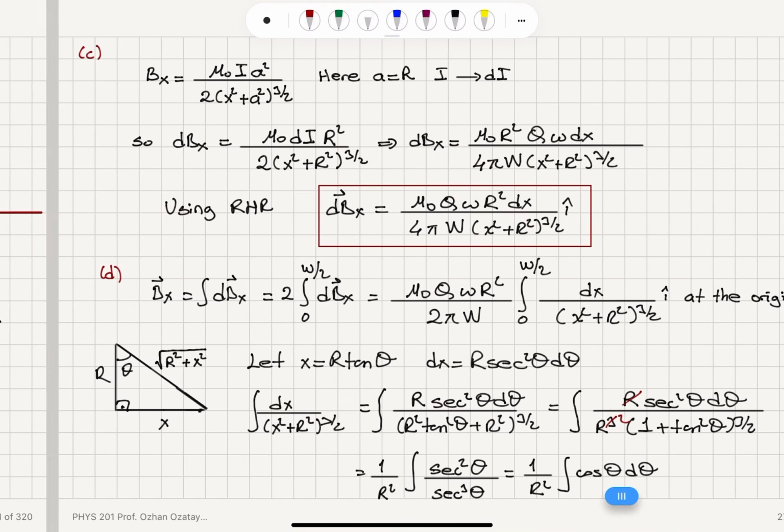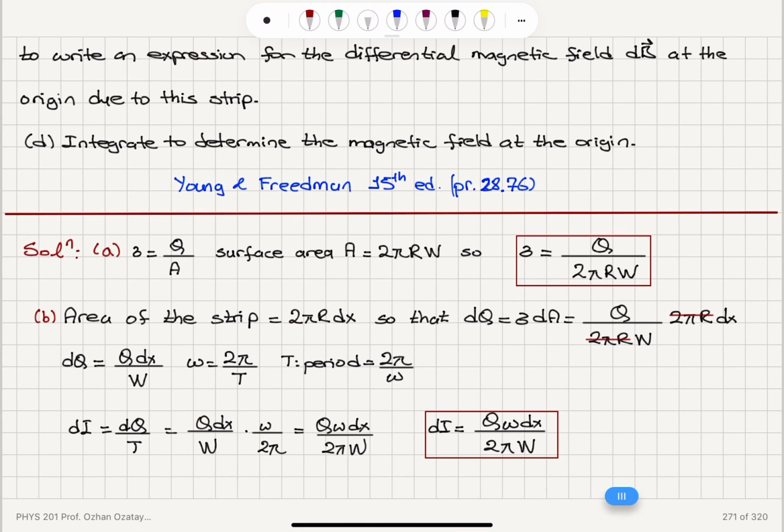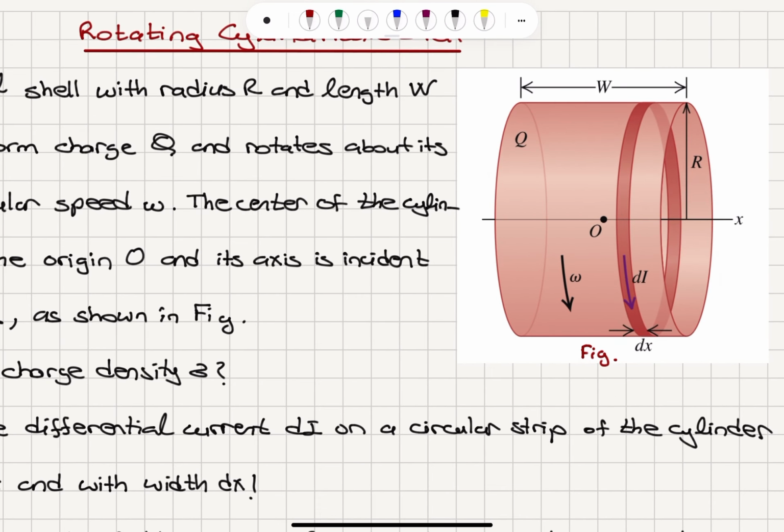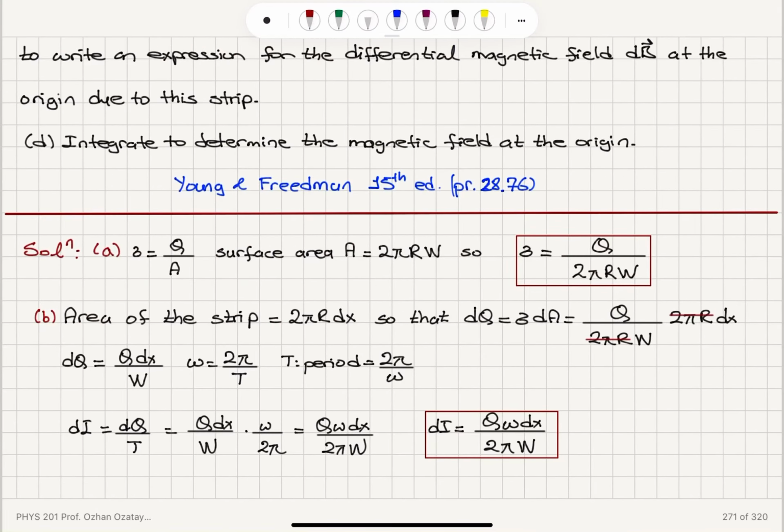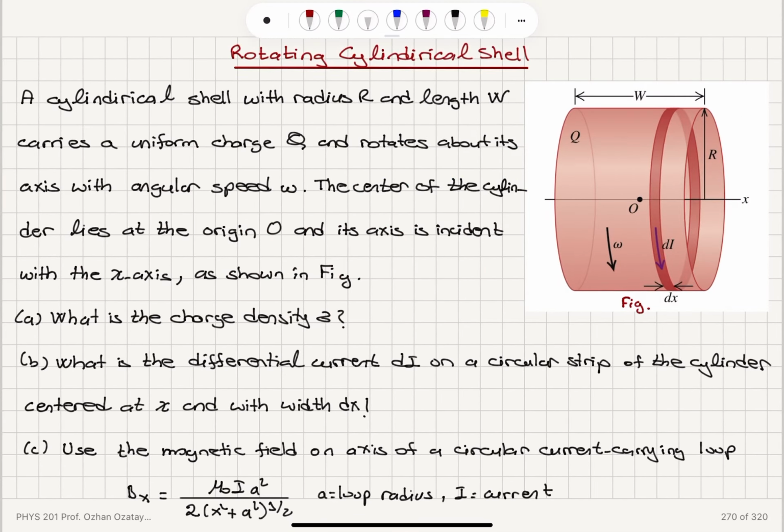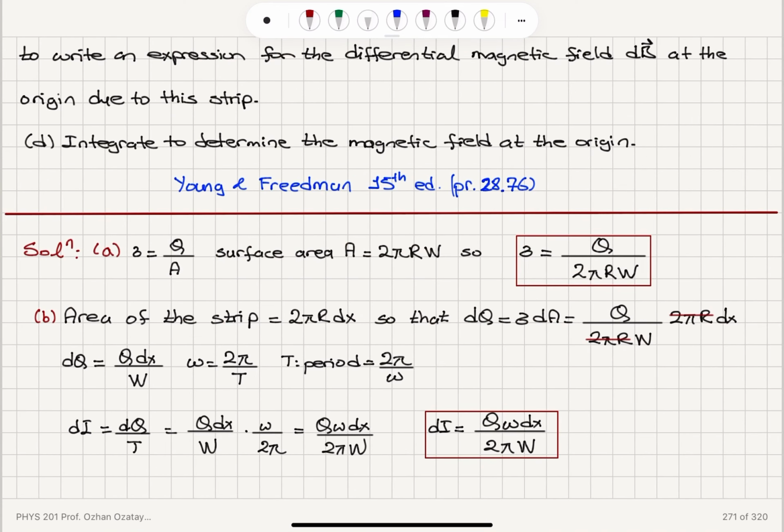Okay, so in this problem, first we started out by writing the surface charge density, capital Q divided by the surface area, which is 2 pi R times w. Then we wrote the area of a strip, which is 2 pi R times dx. The charge is basically dq, that's sigma times dA, so Q over 2 pi R w times 2 pi R dx.